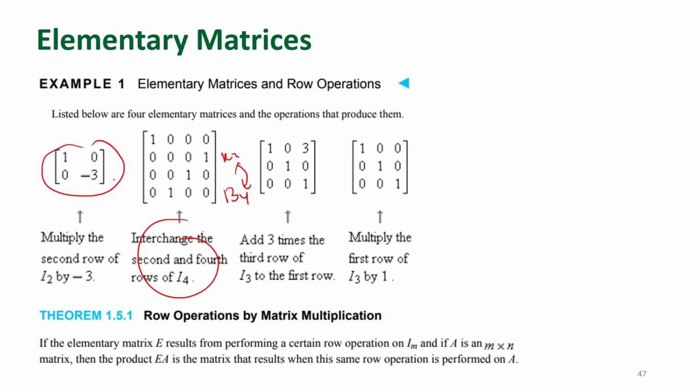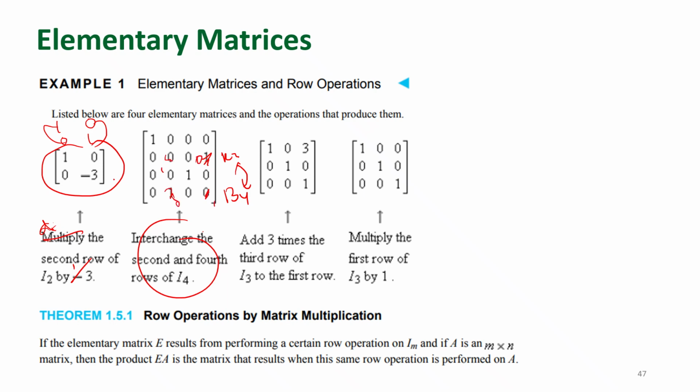I think this one should be divided or multiplied by 1/3. Okay, so you get 1 0 0 1, the identity matrix. This one, when you interchange this one with this, this becomes 0, this becomes 1, this becomes 0, this becomes 1.